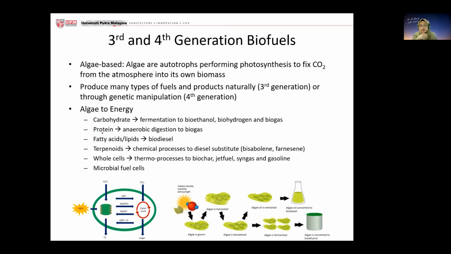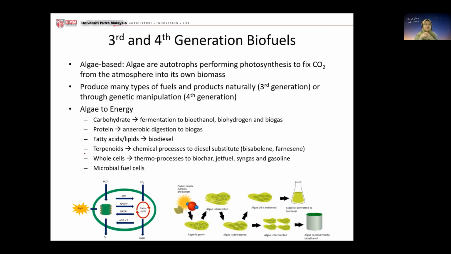So for example, the carbohydrate portion can be fermented to bioethanol, biohydrogen, and biogas. Whereas protein, you can use in AD to generate biogas. The fatty acids and lipids portion can be transformed into biodiesel. And the terpenoids can undergo chemical processes to produce diesel substitutes, in the form of bisabolene or farnesene.